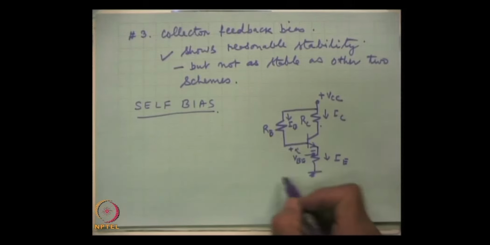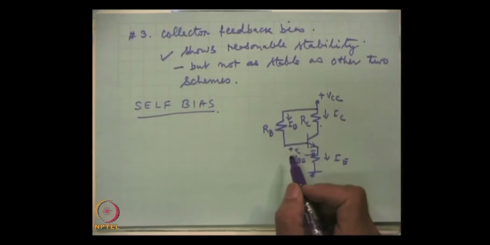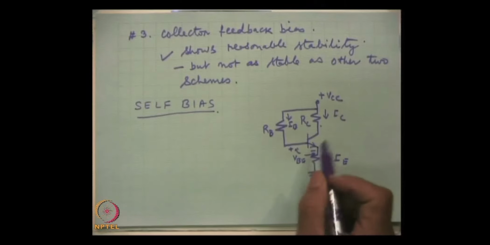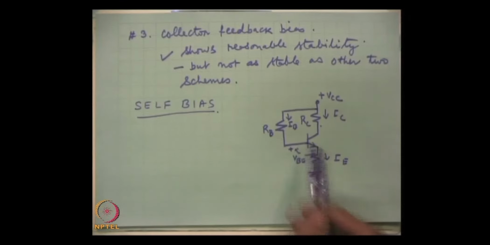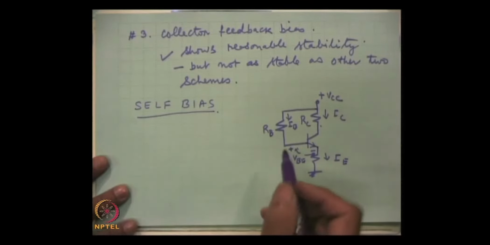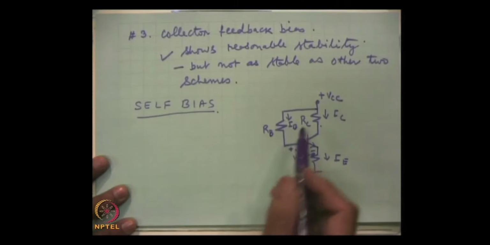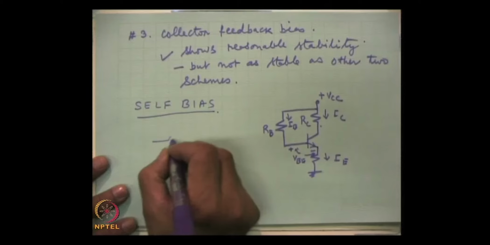Now, this will be the part of the input circuit, and I will just show you how the input current, finally what is going on in the transistor base lead here, will be dependent on the collector current. So, let me redraw just for the input case.